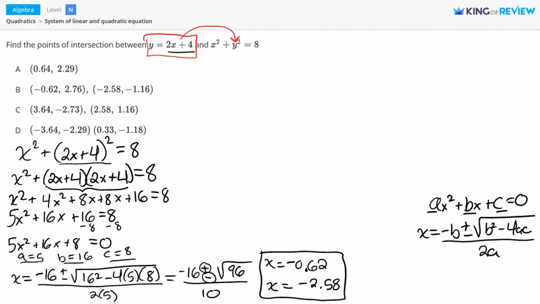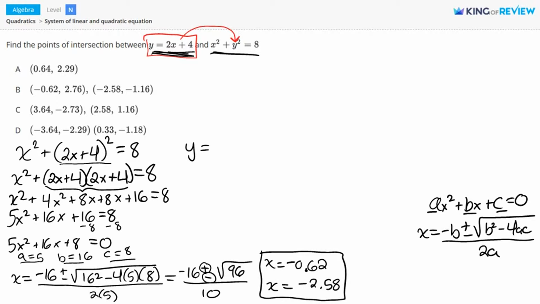So here are the two x values. These represent the x coordinates of the points of intersection. So you can see we have 2 points of intersection because we have the two x values. Now we need to find the y coordinates of these points of intersection. To do this, you can plug in these x values to either one of these two equations and solve for y. I'm going to choose this first equation.